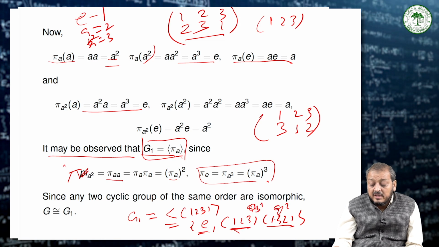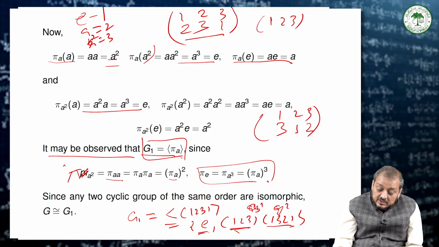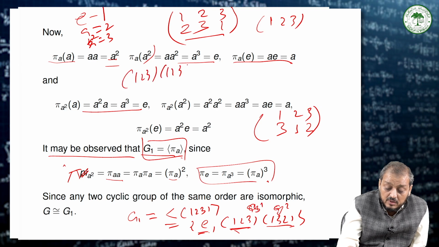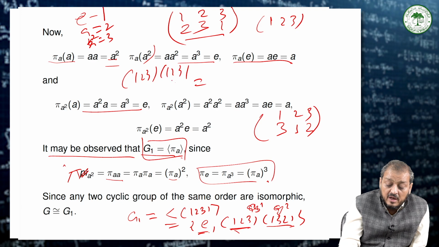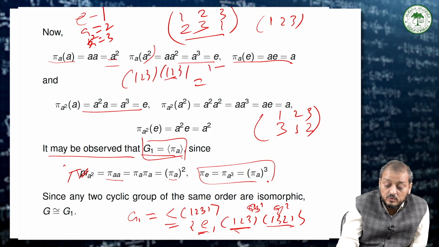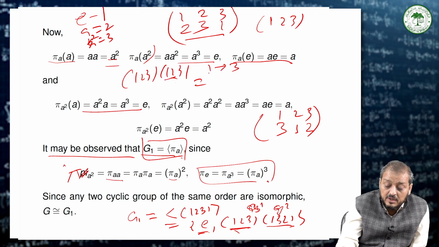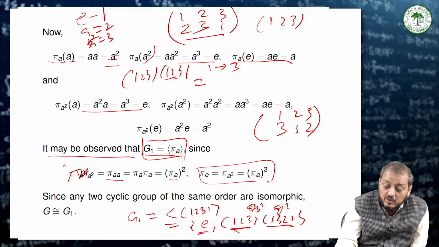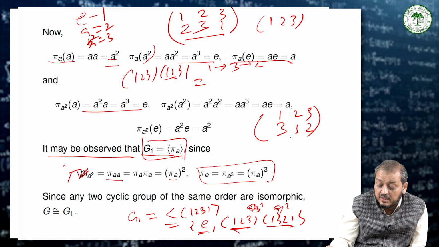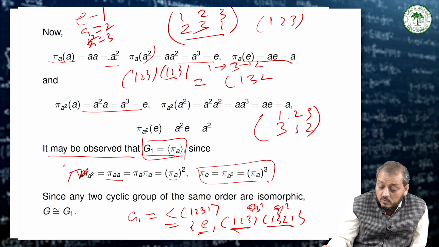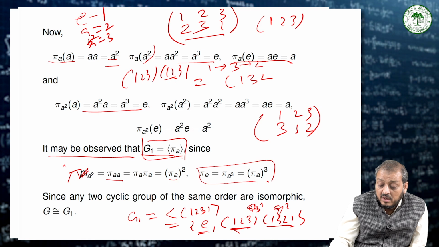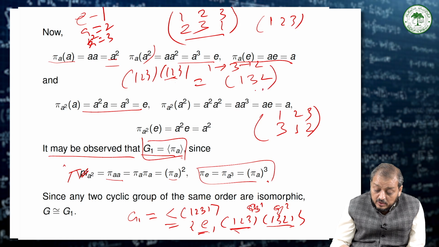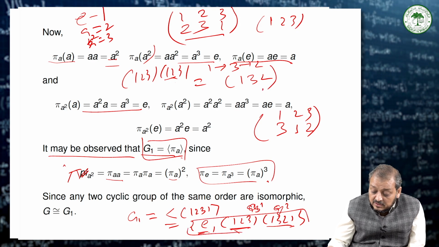If you take the square of this and verify, you take 1 2 3 then 1 2 3: 1 goes to 2 and 2 goes to 3, then 3 goes to 1, and 1 goes to 2. So clearly you get 1 3 2: 1 goes to 3, 3 goes to 2, 2 goes to 1, so it is equal to 1 3 2. So this whole thing is generated by these 3 elements.